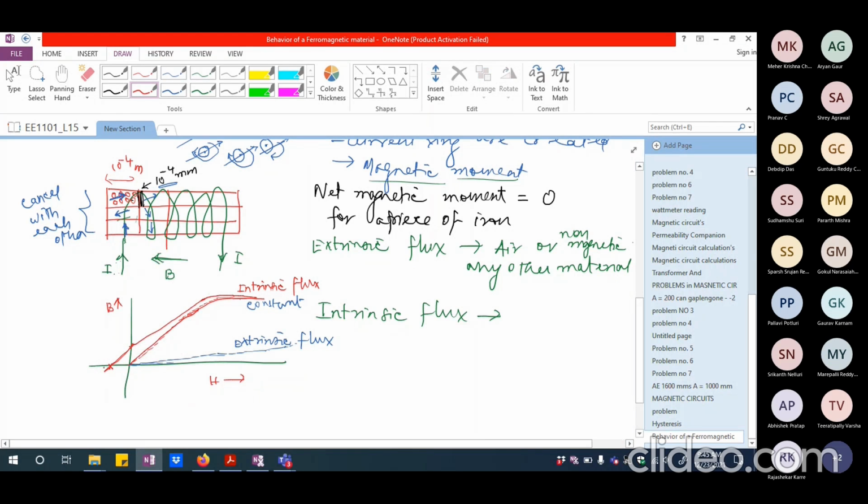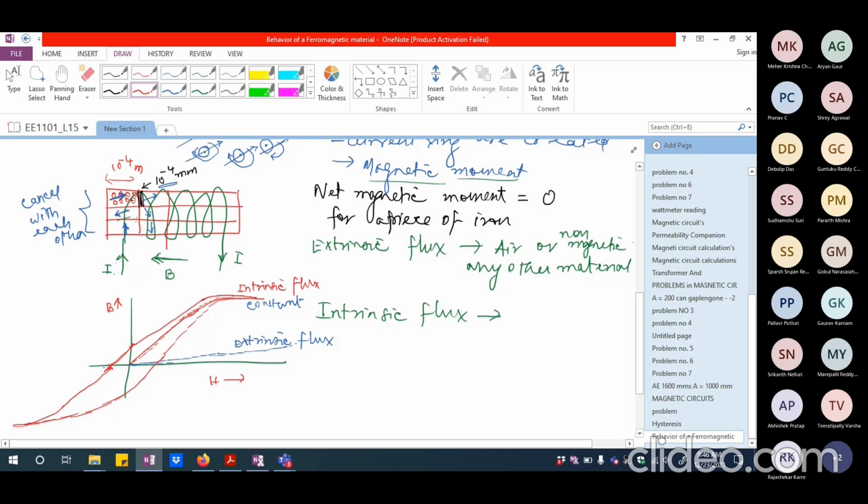And beyond that, again, these moments will start aligning along the extrinsic flux, but in the opposite sense, because the current is in the opposite sense, and it is going to become saturated in this particular direction. And the same thing repeats itself when you are trying to increase the current in the positive direction.